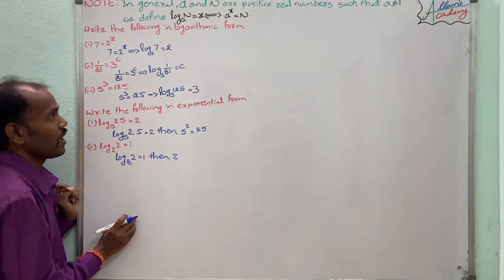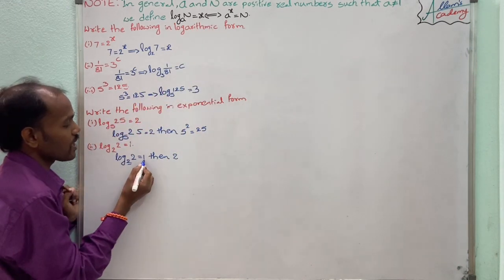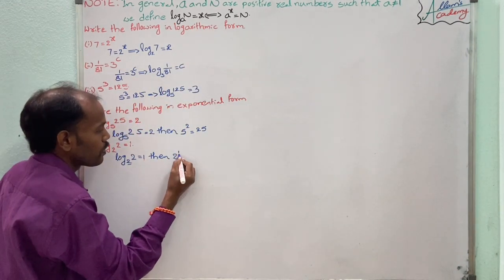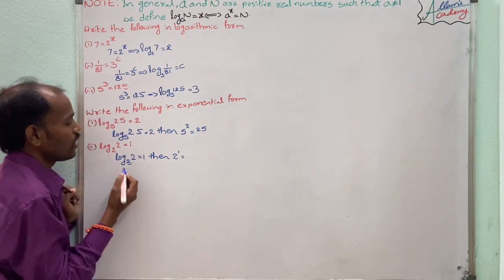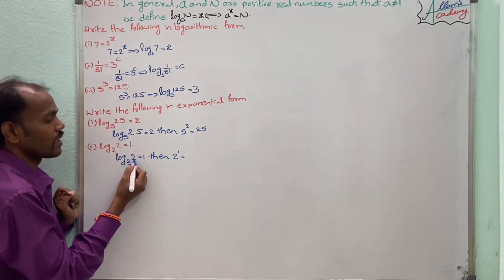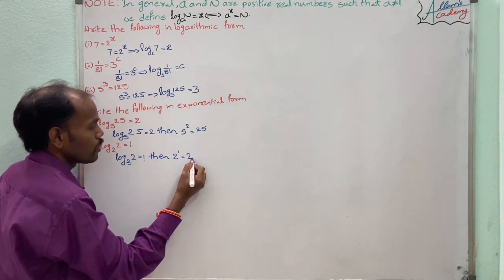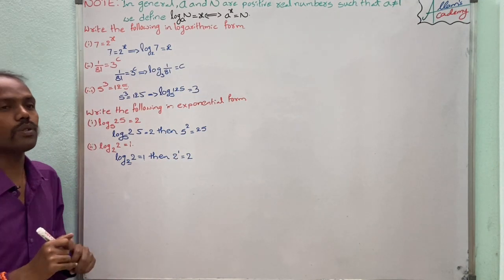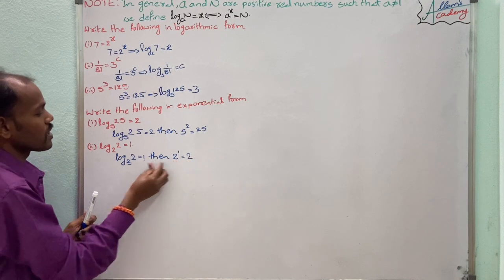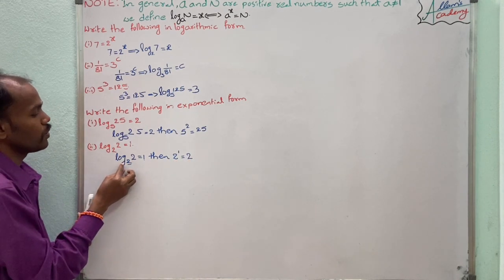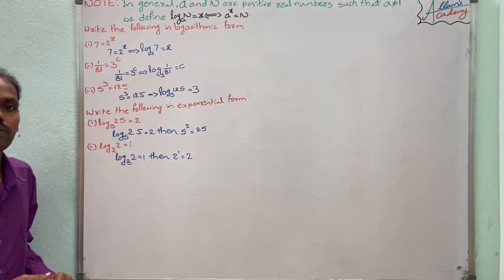Now power x, where the result is 1. So 2 power 1 equal to the number after log, which is n, that is 2. So 2 power 1 equal to 2. It is the exponential form of log 2 base 2 equal to 1.